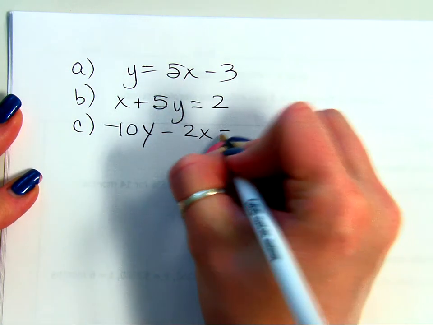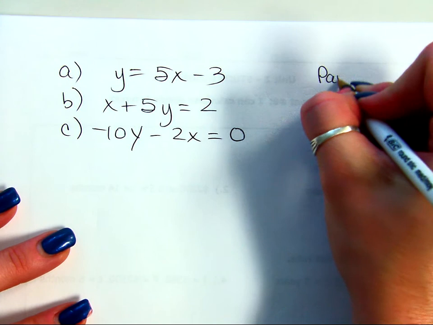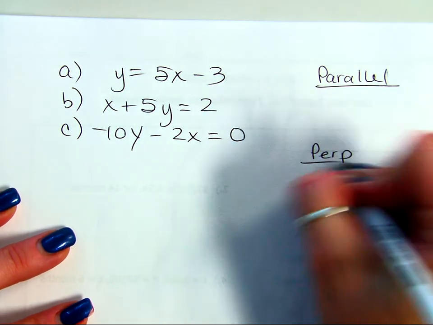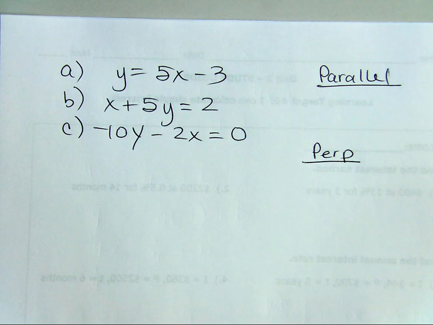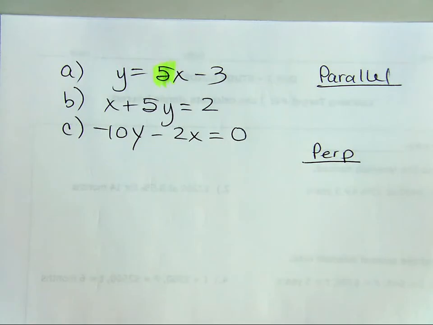And I'm asking you to tell me which ones are parallel and which ones are perpendicular. And they're all a big mess right now, right? So you can't really do anything except A is kind of good. Right now, I know that the slope of line A is 5. I don't know the slope of B or C, but you know how to find it, right?